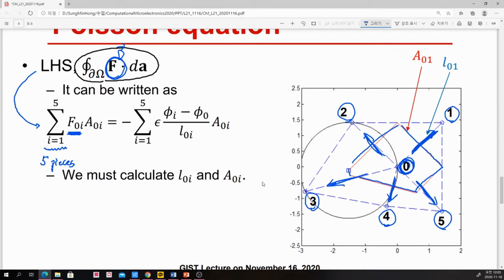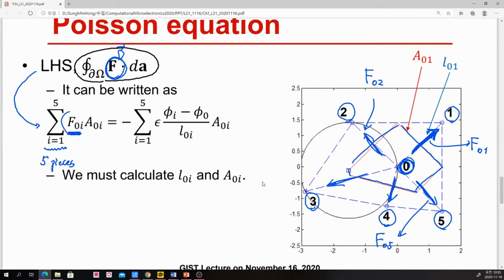The component along this direction is written here as F connecting 0 and 1. This component is written as F connecting 0 and 2. This one will be F connecting 0 and 5. So this is the field connecting 0 and the i-th node, the surrounding nodes.